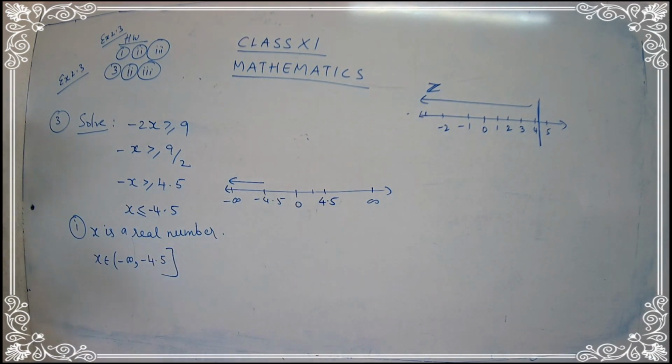X belonging to minus infinity, comma, minus 4.5. I hope you are clear with the answers, children. Similarly, you are going to proceed for the second subpart and the third subpart. For the second subpart, it's for integers, so just check for the integer part and also check for the natural part. I hope you can try out the third sum.